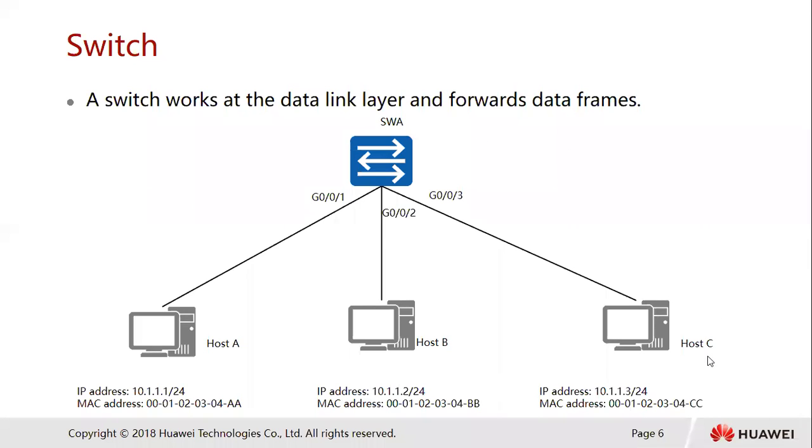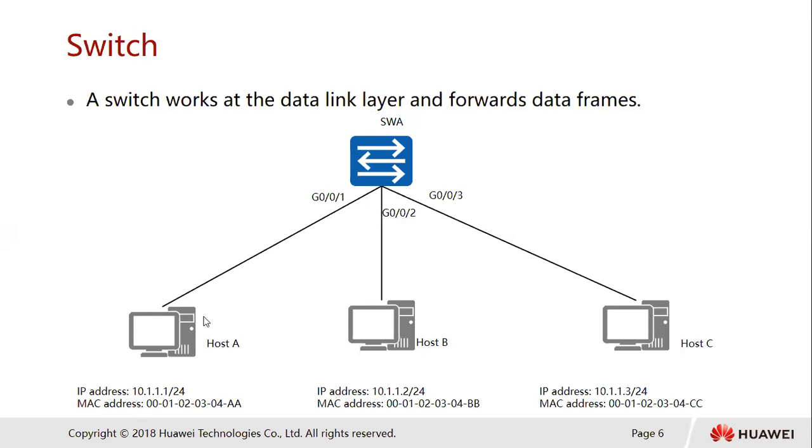So even yesterday, I told you that I can assume this is my office, okay? Then this is a switch. So this type of connection is what we call a local area network or Ethernet, okay? And a PC must have a unique IP address, and of course, also the MAC address, or what we call the physical address, okay?